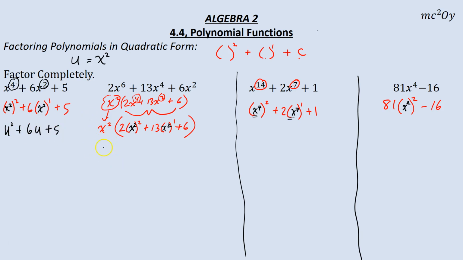Then this would be u, since x squared is u, times 2 times u squared plus 13u to the first plus 6. Notice x squared just became u, and we keep the squared there. We'll keep the to the first power. We're going to skip this one for a minute.